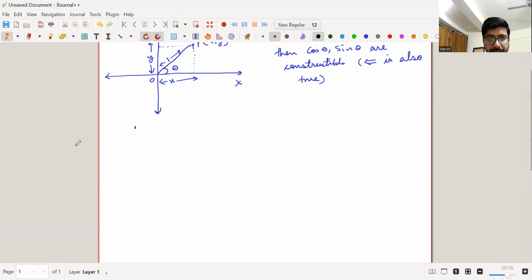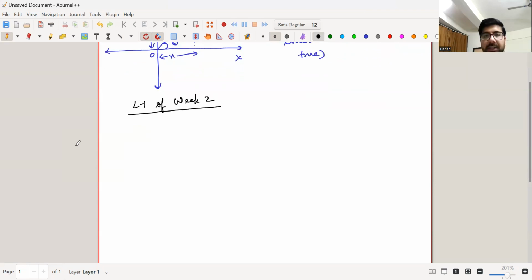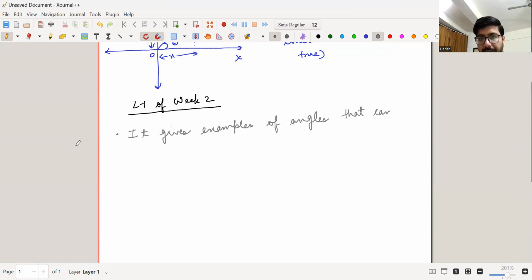Lecture 1 of week 2 gives examples of angles that cannot be constructed, by construction meaning using straight edge and compass.